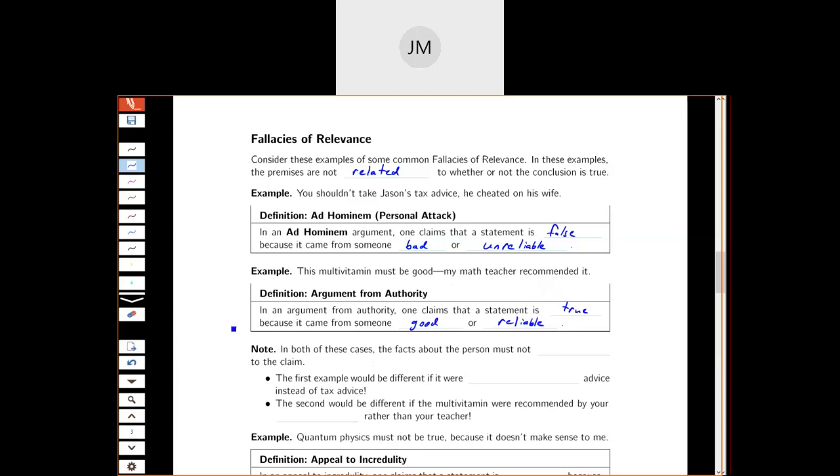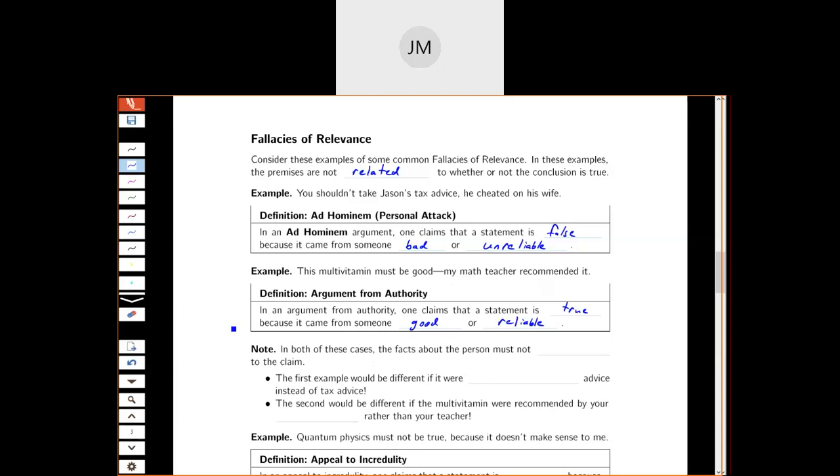And I will tell you, as a math teacher, if you ask my opinion on mathematics, I can tell you what's going on. There's good reason to trust my statements about mathematics. But that doesn't translate over to multivitamins. My opinion is probably just as reliable as anyone else's.